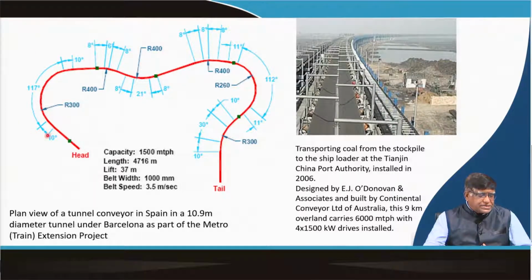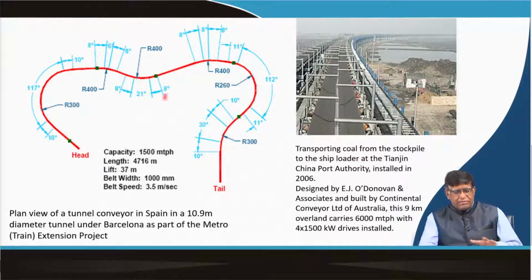You can see they have made turns of 10 degrees and 17 degrees, and they have gradients of 8 degrees and 6 degrees. This is in a 10.9 meter tunnel in Barcelona, with a 1000 millimeter belt moving at a speed of 3.5 meters per second.